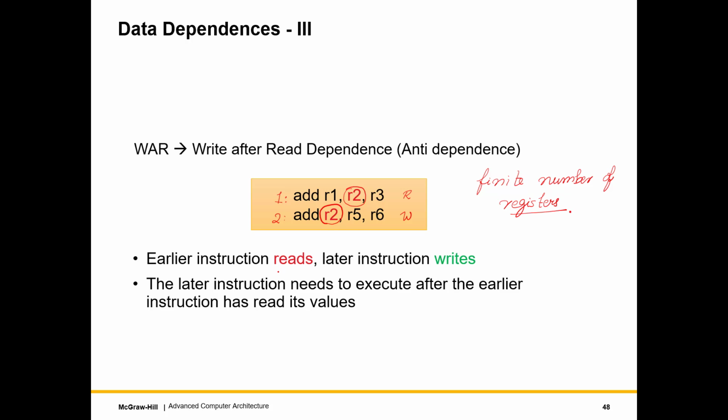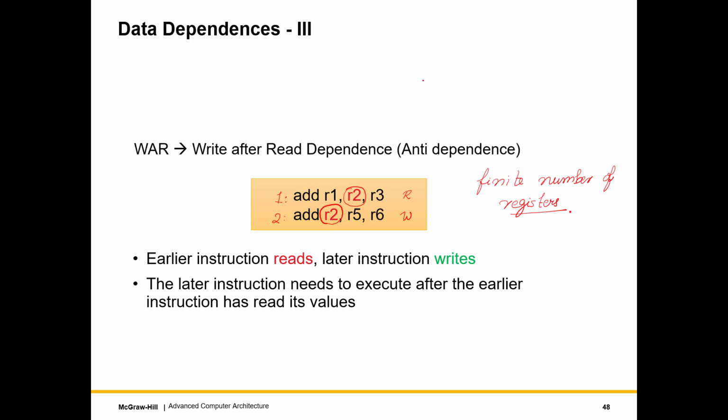Correct. So in this case, let us say that we have some method, some mechanism where we never repeat registers, in the sense that we write to a register once and we keep on reading from it.